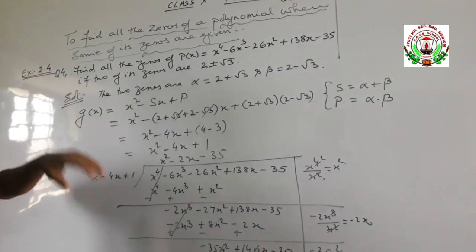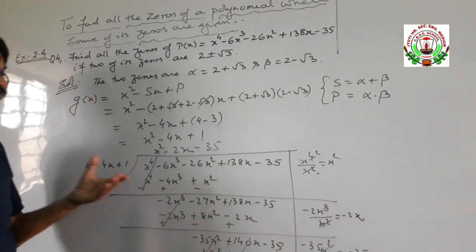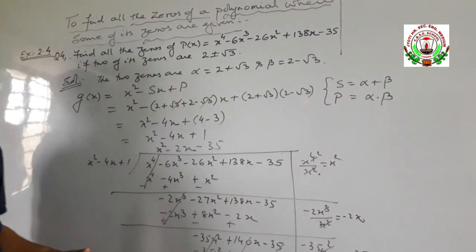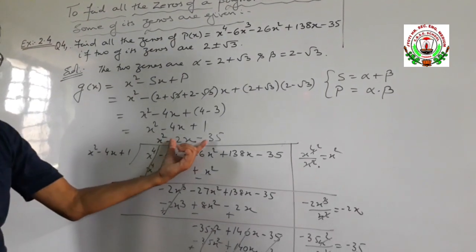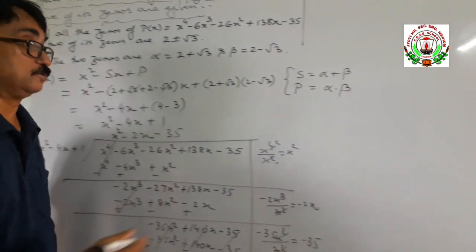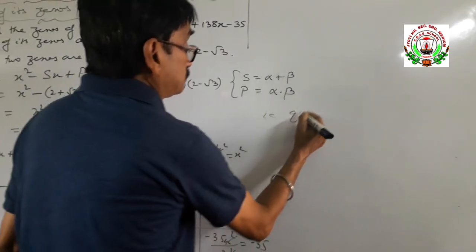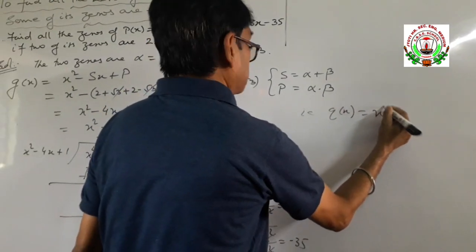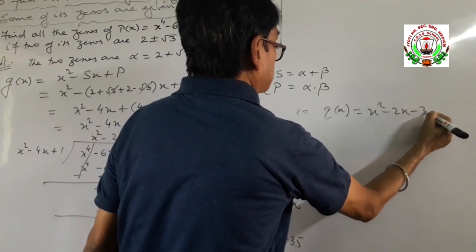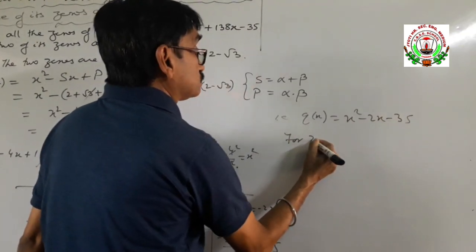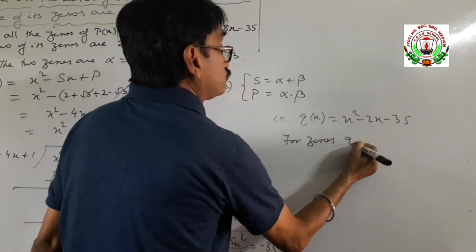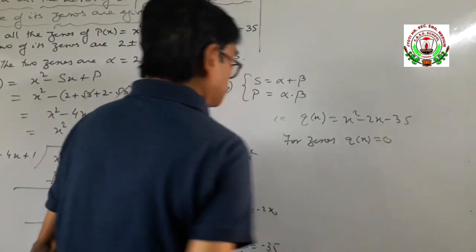Now to get the remaining two zeros, we have to equate this quotient equal to 0. That is, the quotient q of x is equal to x square minus 2x minus 35. For zeros, q of x will be taken as 0.